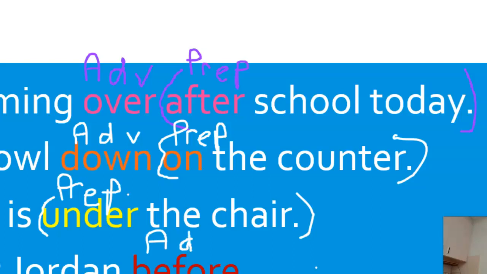I have met Jordan before. So the two really important things to remember are you cannot have two prepositions in the same prepositional phrase, and you cannot have a preposition without a prepositional phrase. Okay, so hopefully we'll be able to identify the difference between the preposition and the adverb.